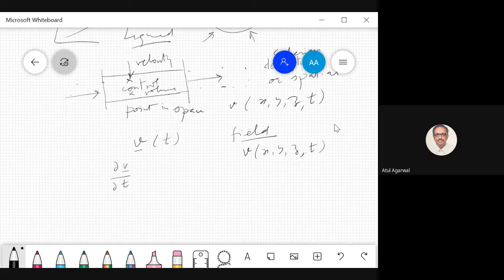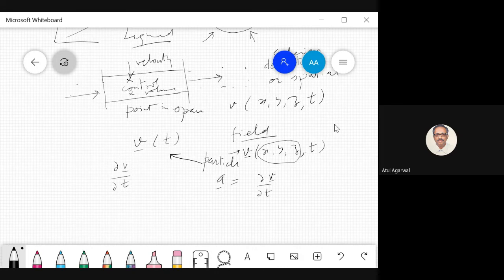So a particle is at position x, y, z. So what will be the acceleration of that particle at that position? So it is particle description.